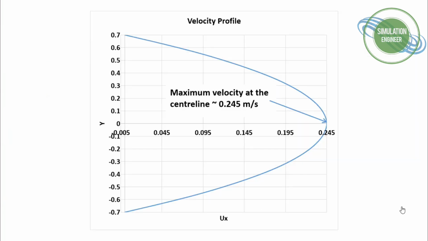That means if we see this velocity profile, that's the same profile which I have shown you in Star-CCM+. I exported it in Excel, just to make it a little bit better, so we can see that the maximum velocity at the center line is about 0.245 meters per second, which really matches very well with the analytical approach.